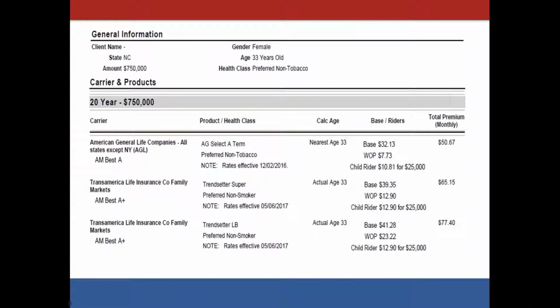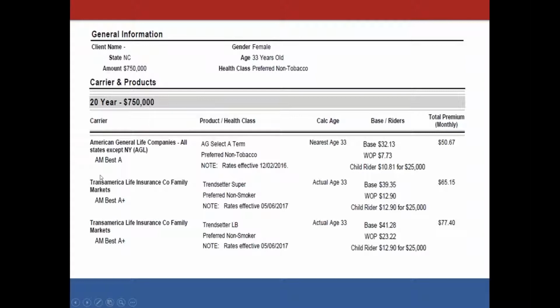Now, again, when I ran the quotes, I was running these with her as preferred. And again, what I did was I went back to the same three companies. Now, when you run these quotes, it might happen that you get a quote with another carrier.